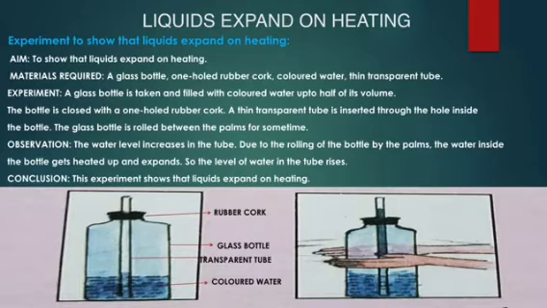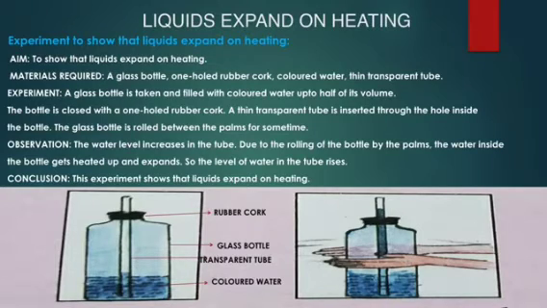In the second picture, you can see the glass bottle is rolled between the palms for some time. So rub the bottle with the help of your palms for some time. Now, when you rub your palms, you can see that some heat is generated. So here also, when you are rubbing the bottle with your palms, heat is generated. Observation. What do you observe? Look at the water level in the tube.